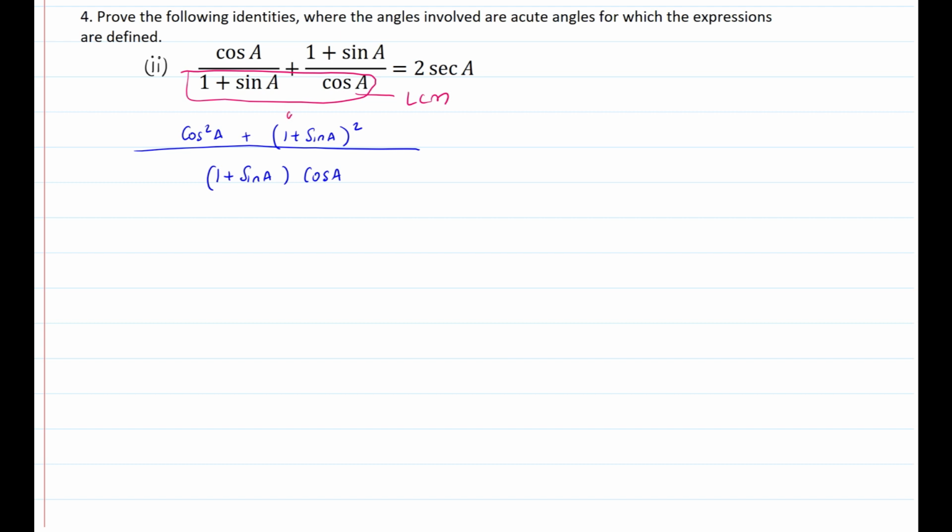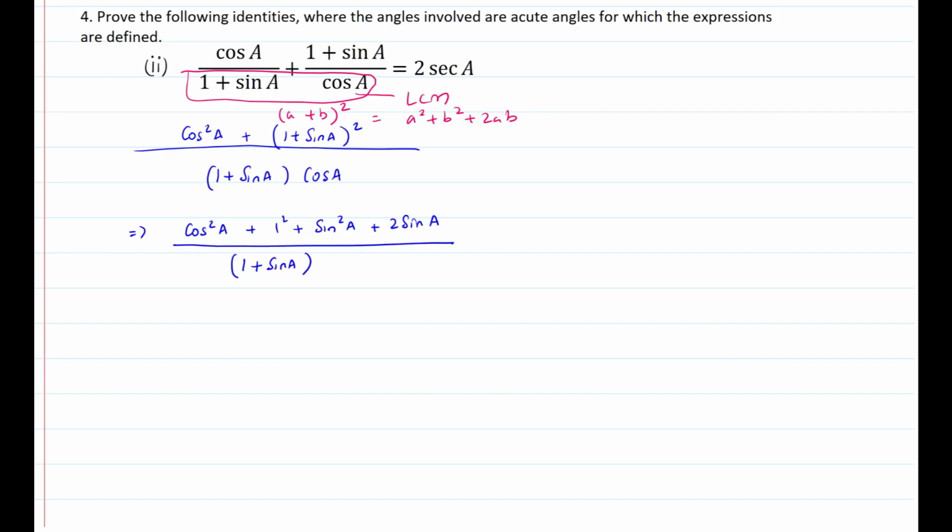Now if you see, this is a plus b the whole square, that equals a square plus b square plus 2ab. Therefore in the next step you will write cos square a plus 1 square plus sin square a plus 2 sin a, divided by 1 plus sin a into cos a.